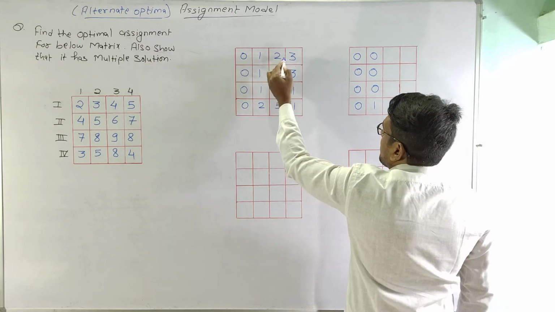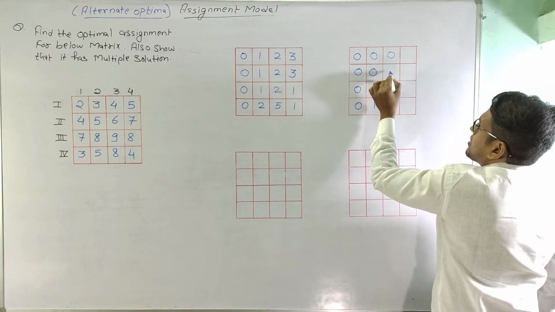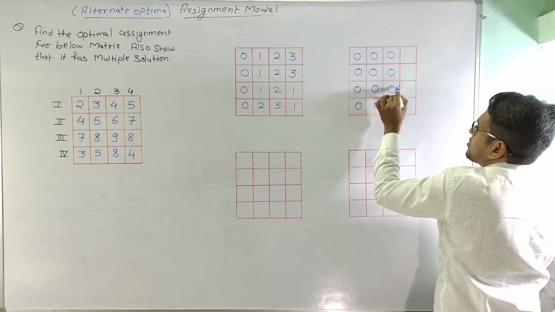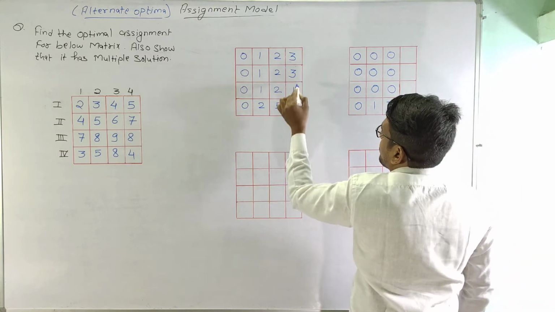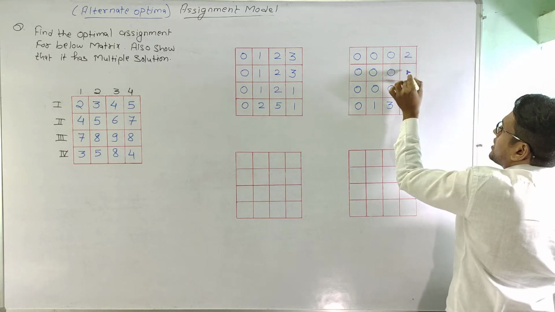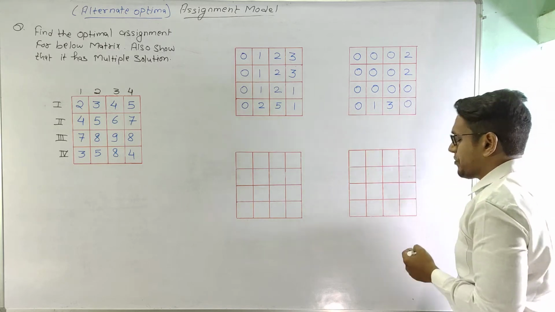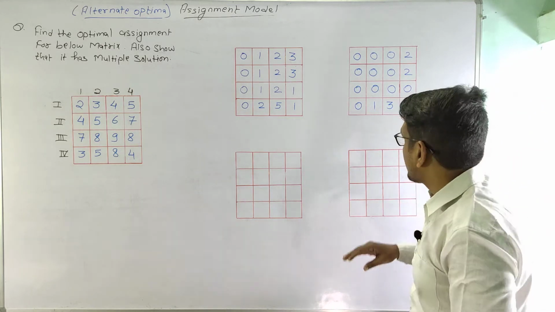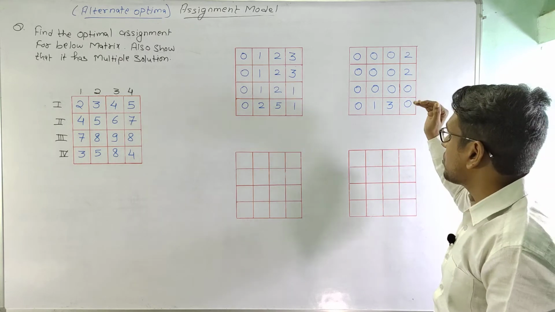Now for column 3 the minimum value is 2, so 2 minus 2 is 0, again 2 minus 2 is 0, 2 minus 2 is 0, 5 minus 2 is 3. Now in column 4 the minimum value is 1, so 3 minus 1 is 2, again 3 minus 1 is 2, 1 minus 1 is 0, 1 minus 1 is 0.